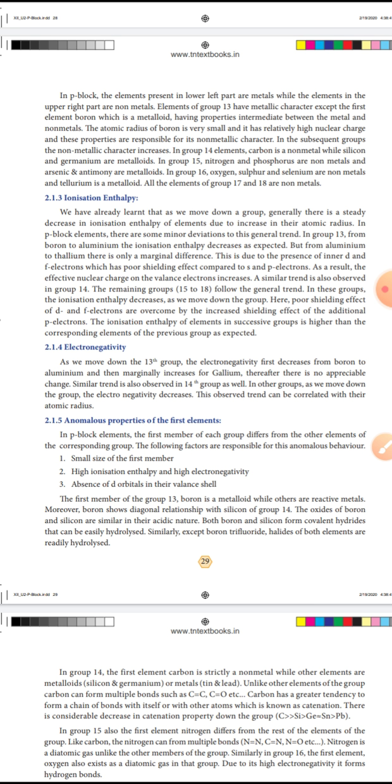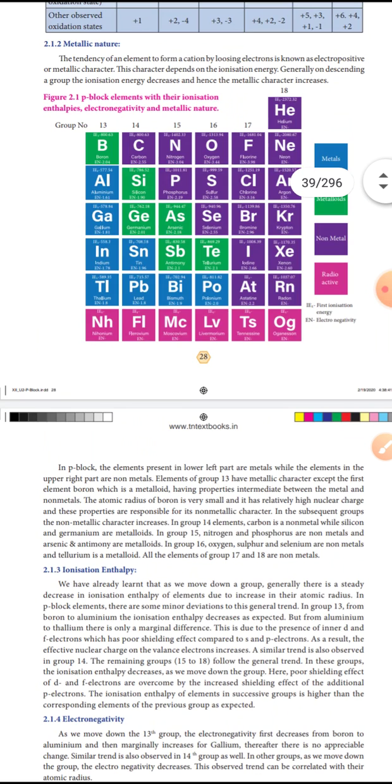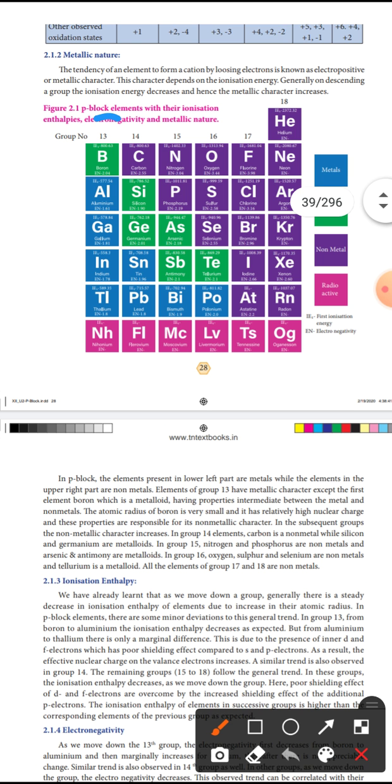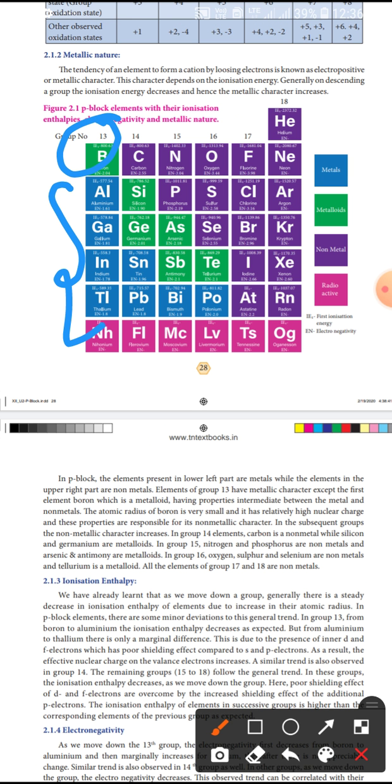In the p block, elements in the lower left part are metals, while the elements in the upper right part are non-metals. Group 13 elements have metallic character except the first element. So in the 13th group, except the first one, all remaining are metallic.